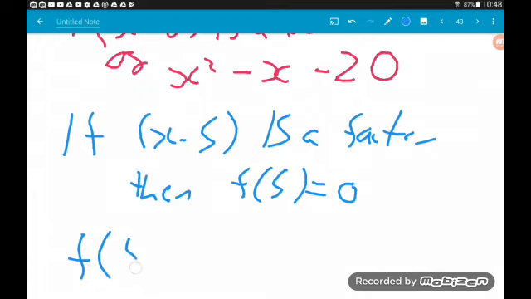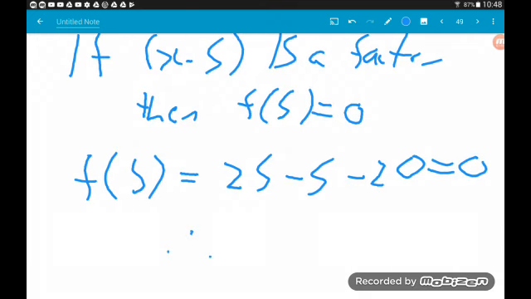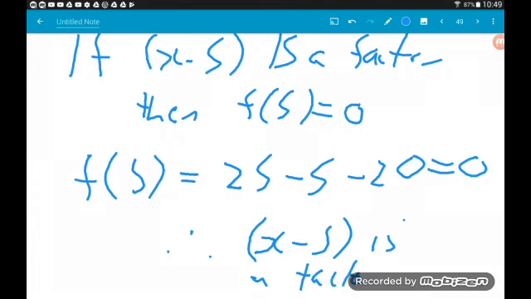If we put in x equals 5, let's call it f of 5, we will get 5 squared, 25, minus 5, and then minus 20. Now 25 minus 5 is 20, 20 minus 20 is indeed 0. Therefore, x minus 5 is a factor, as we wanted to show.